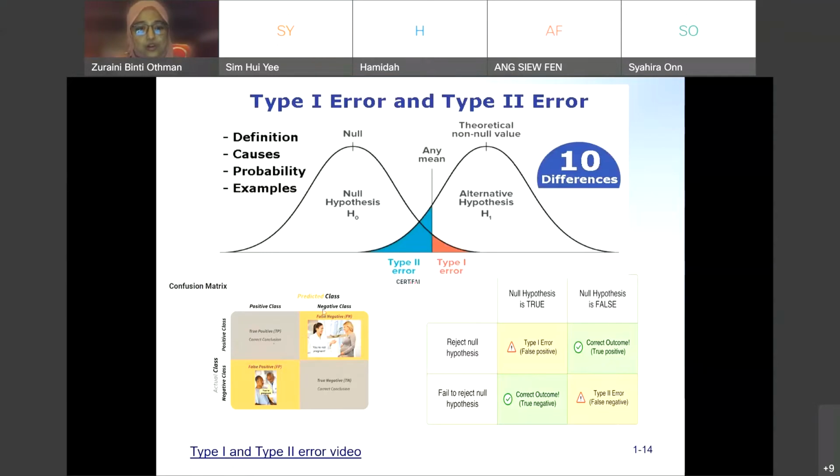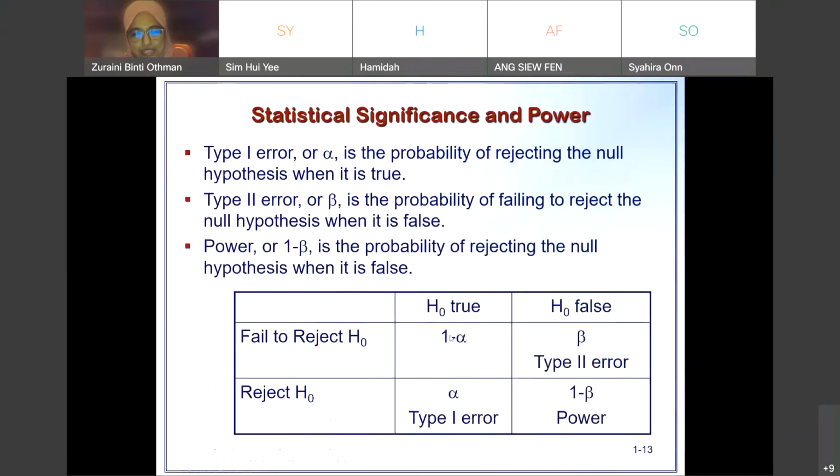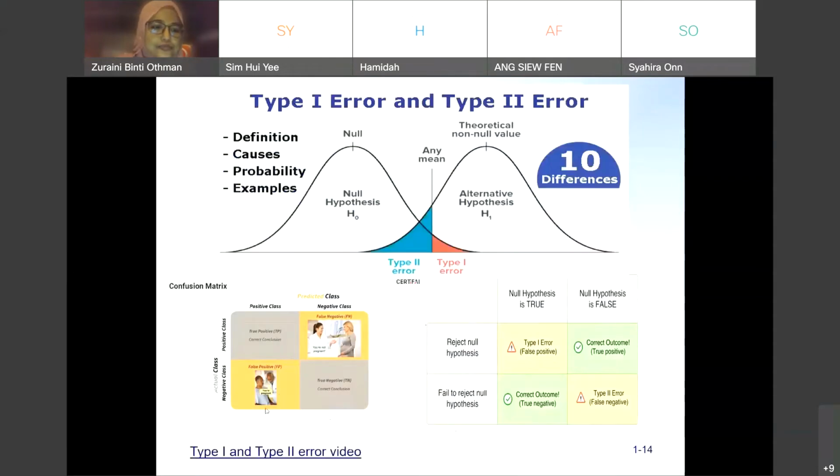But this is what we call a false negative: the pregnant lady is diagnosed as not pregnant. In the machine learning class, you will learn about this. This is an example of the table just now. Then if a guy comes to the doctor and is told that he is pregnant, this is the situation of a false positive.